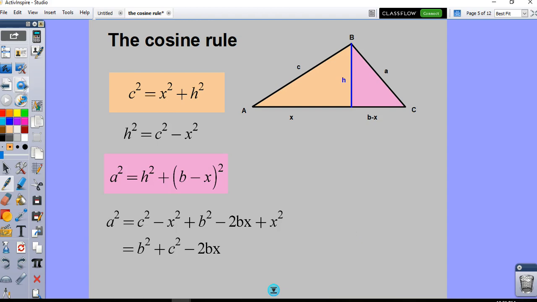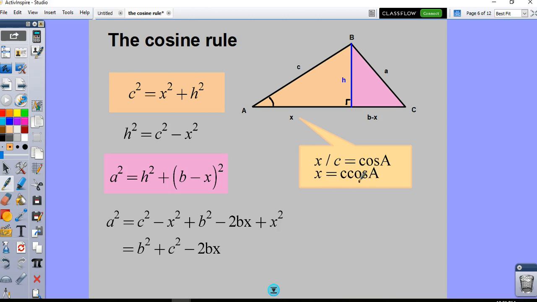We can use this triangle to find the value of x. x divided by c is simply cosine A, because angle A is in a right angle triangle, x is the adjacent, and c is the hypotenuse. So by cross multiplication, x equals c cosine A.